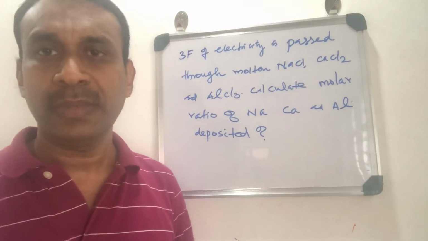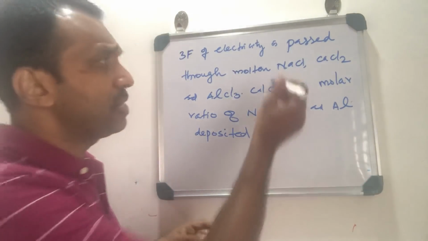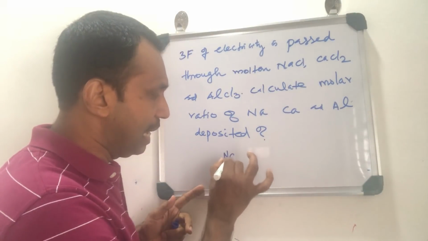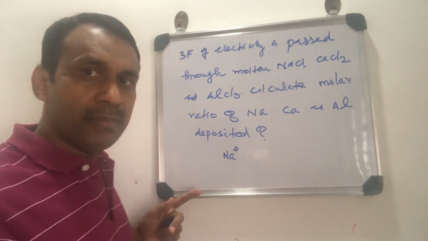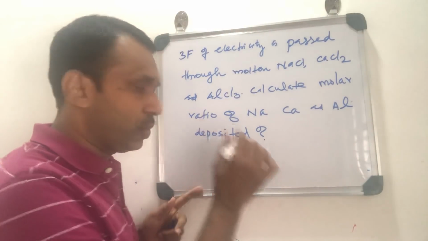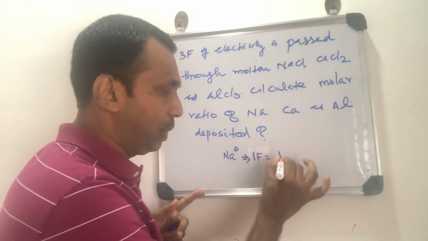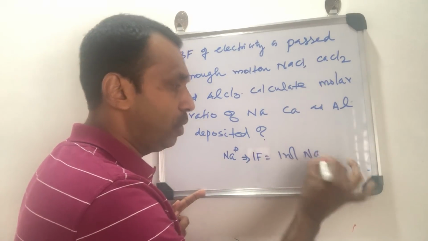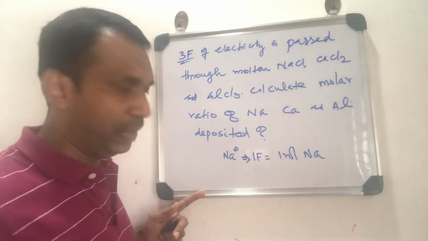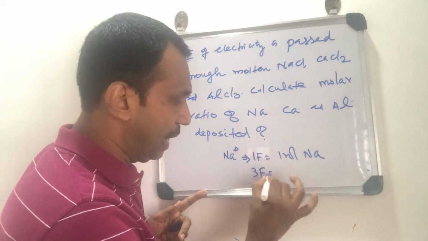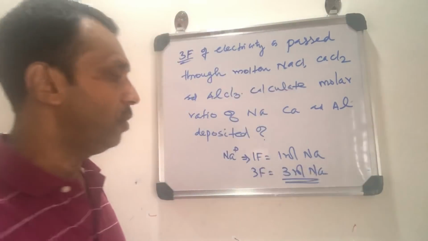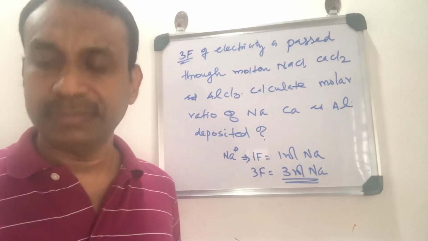There is a question. You see, the first electrolyte NaCl, we know it produces Na+. We know the charge of sodium is plus 1, so 1 Faraday will produce how much? 1 mole sodium. Clear? So, in the problem 3 Faraday is given, so 3 Faraday will produce 3 mole sodium. Now we get one answer, mole of sodium 3.